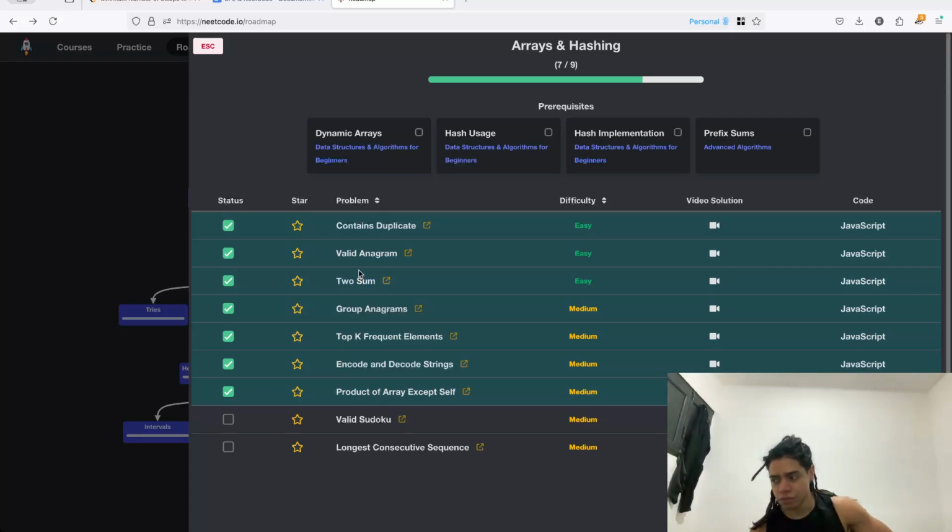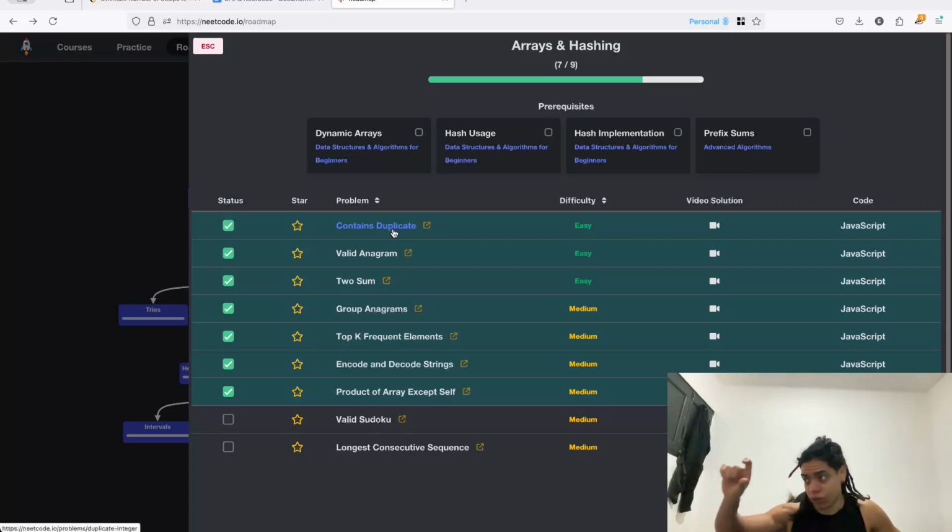Like that. And well, let's briefly describe the value proposition of each one of them, as well as the reflections. So here in Contains Duplicate, we look at how we can check, given a collection, an array of elements, numbers, if there are duplicates in that collection. Pretty straightforward, pretty simple. We use a hash table as a way to count each one of these numbers.